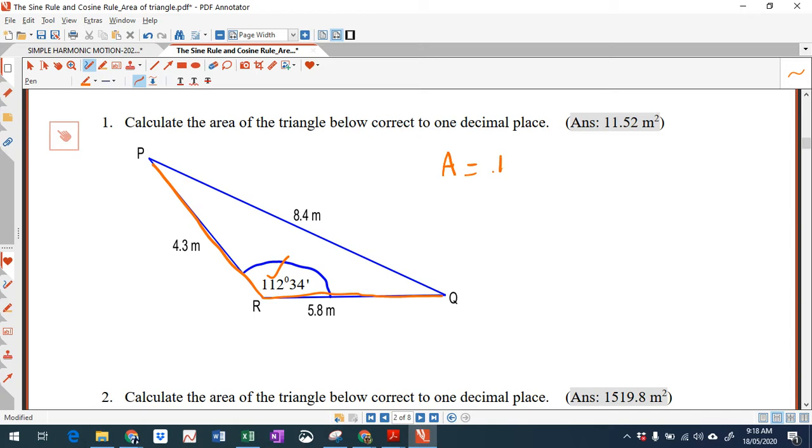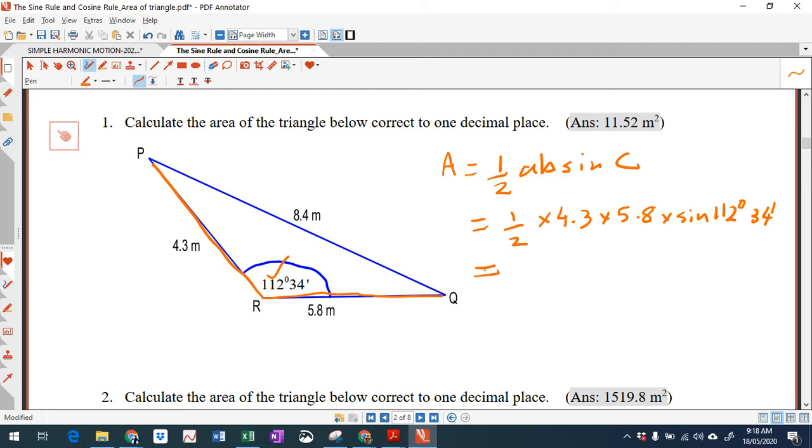Area equals a half AB sine C, which equals a half times 4.3 times 5.8 times sine 112 degrees, 34 minutes. Okay, so put that into your calculator.